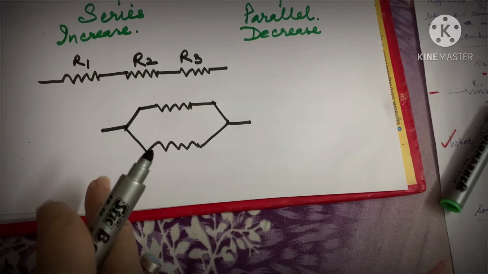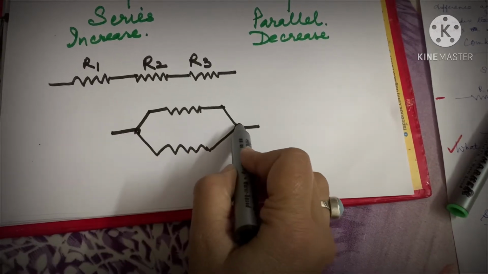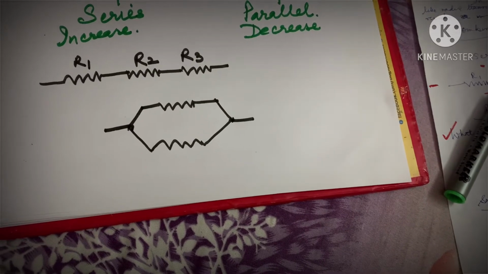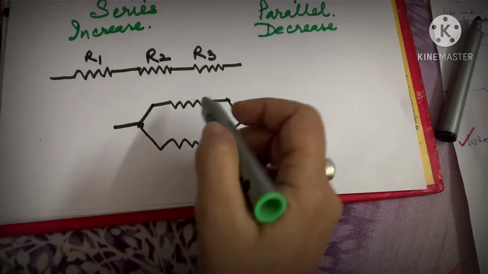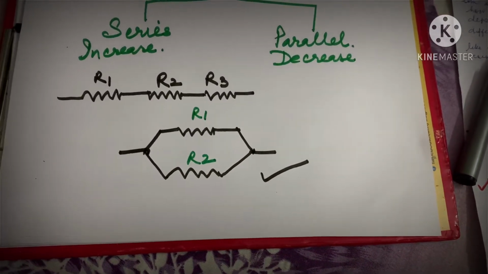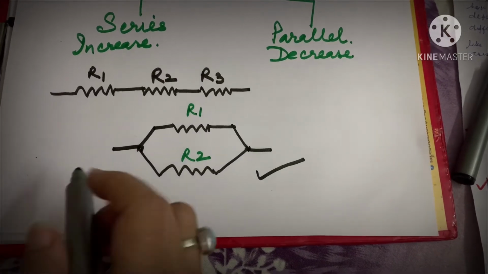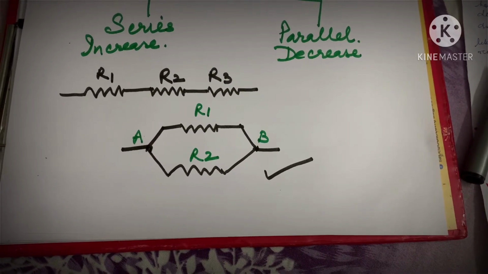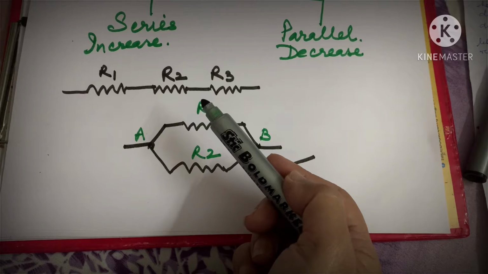when two or more resistances are connected between the same two points, they are said to be connected in parallel. For example, in this figure, resistances R1 and R2 are connected in parallel arrangement between the two points A and B. We have shown either 2 or 3 resistances.